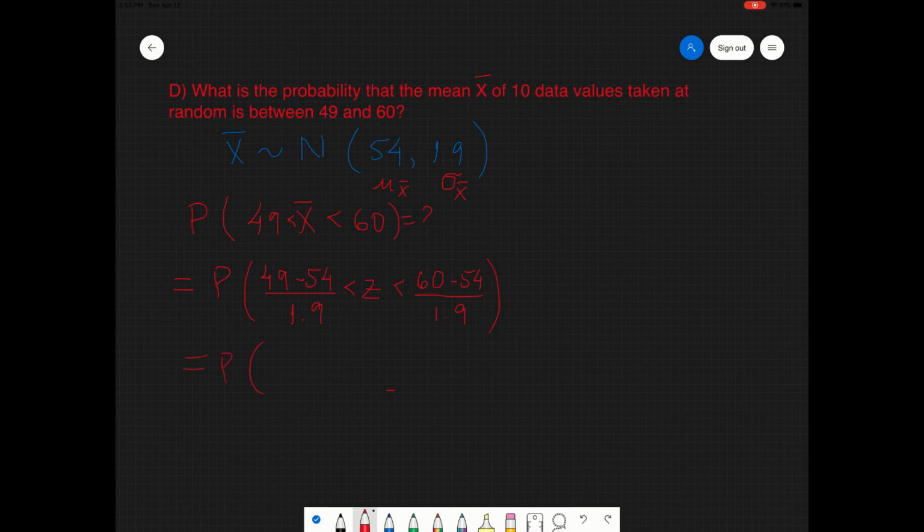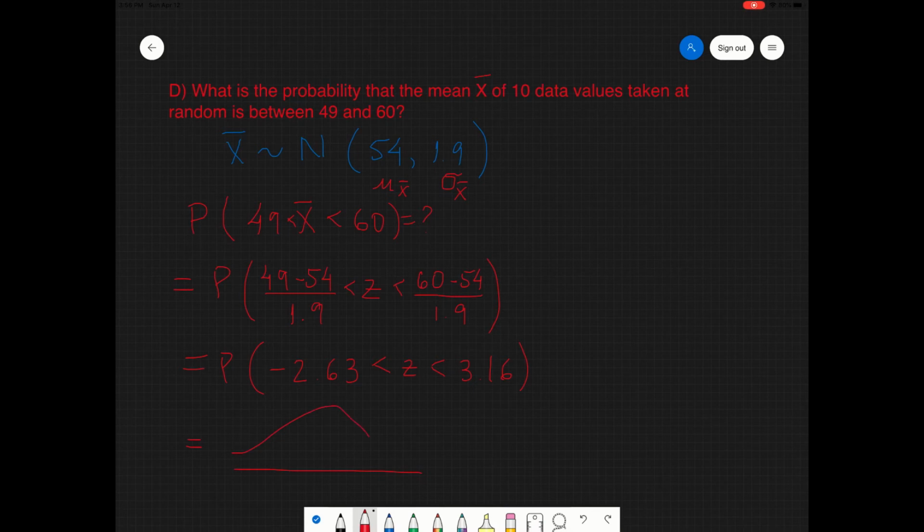The computation yields that the z value of 49 is negative 2.63, which is less than z, which is less than the z-score for 60, 3.16.